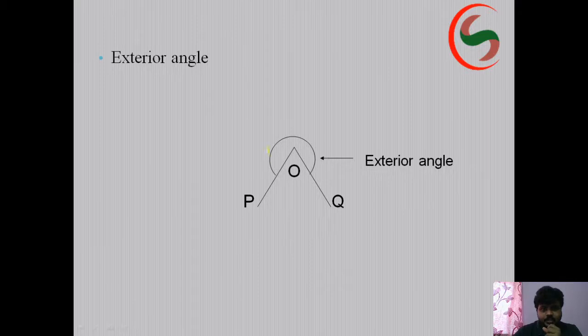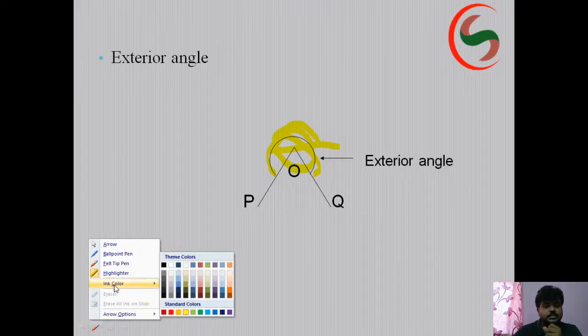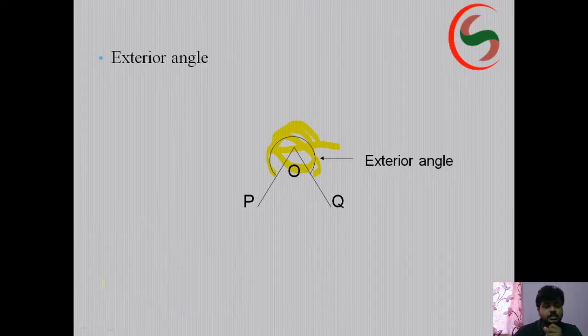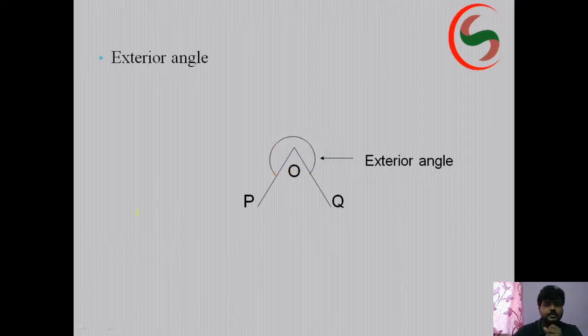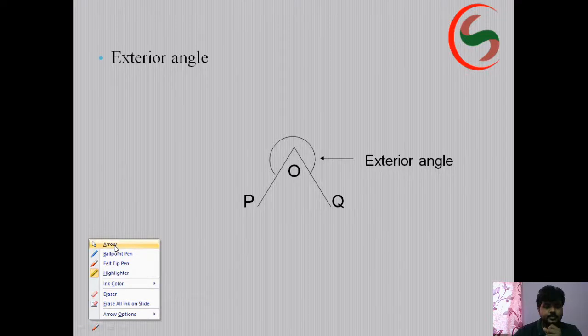If I take this as a line, this will be 180 and this will be 180, total 360 degrees. The angle formed that is more than 180 degrees is called an excluded or exterior angle.